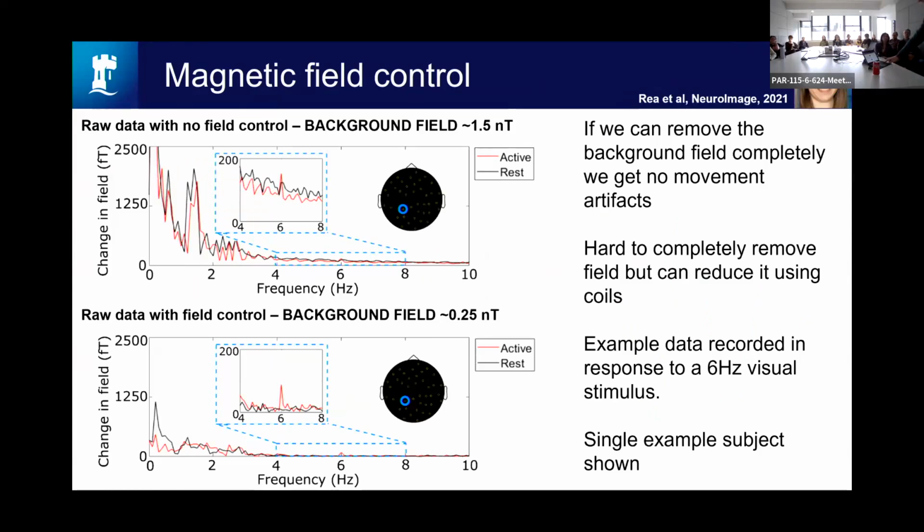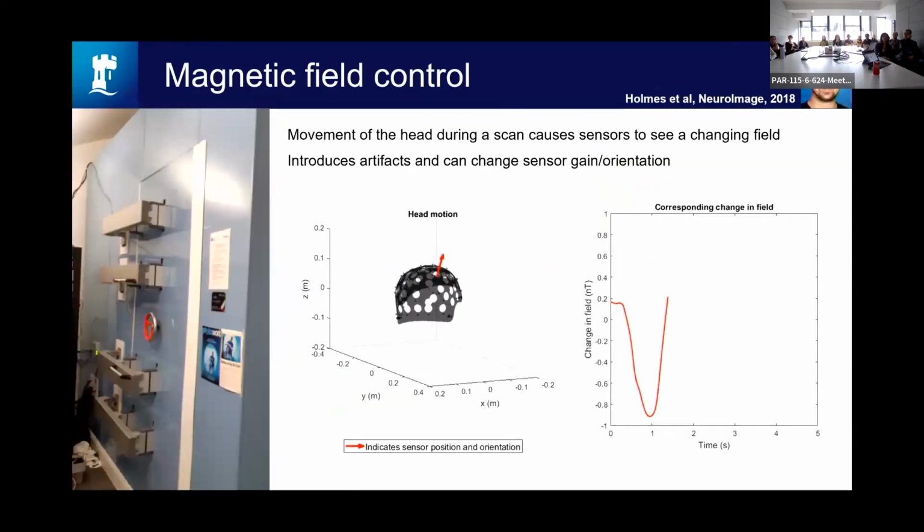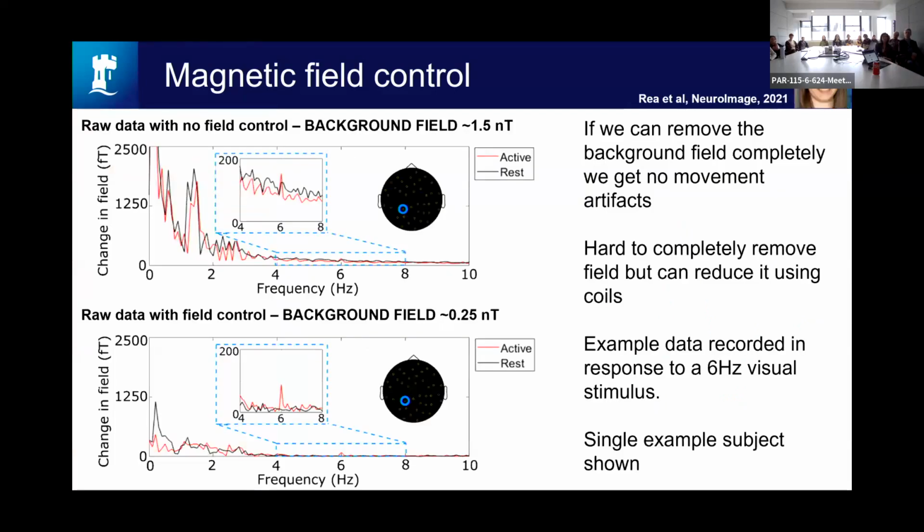So one of the problems is when you want to enable free movement, if you've got any background field in your shielded room, which most shielded rooms do have a little bit of background field, then as you move a sensor relative to that background field, it will see a change in magnetic field. So as you move your head, you'll get these big oscillations in magnetic field. What does that mean? Well, most people move around a little bit during the scan, even if it's just the sort of imperceptible head bob.